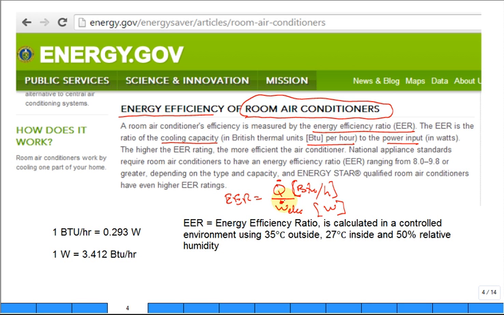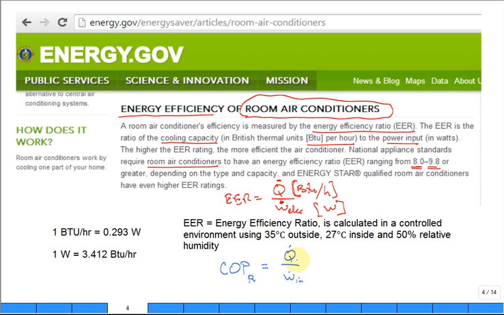So it's power over power, but the units don't make it go away. Well, you can see the range for room air conditioners, sometimes 8, 9, 10, somewhere in that region, is the EER. Well, hold it. We studied a metric that was just like this. What did we study? We studied the coefficient of performance for a refrigeration system, which was Q dot divided by W dot in.